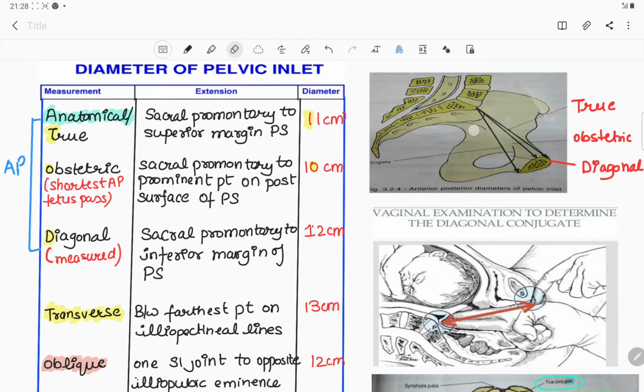It extends from the sacral promontory to the prominent point on the posterior surface of the pubic symphysis and it measures about 10 cm. Third is the diagonal conjugate and it is the only AP diameter which can be measured. It extends from the sacral promontory to the inferior margin of the pubic symphysis. It measures about 12 cm.